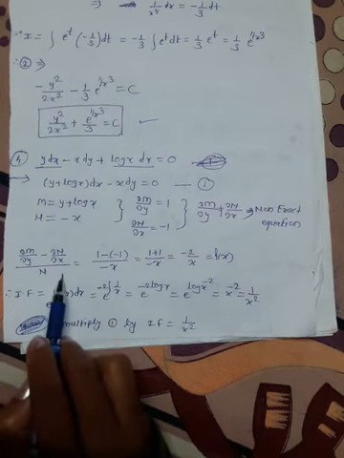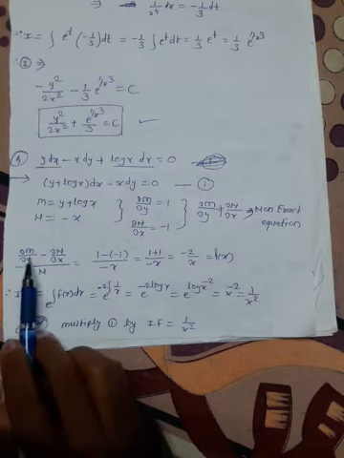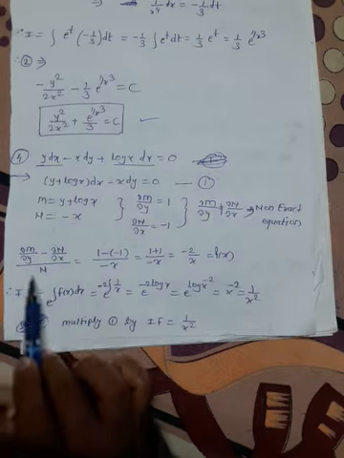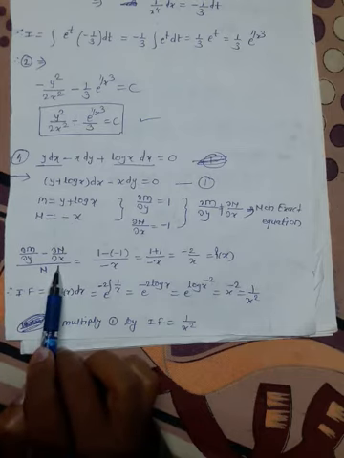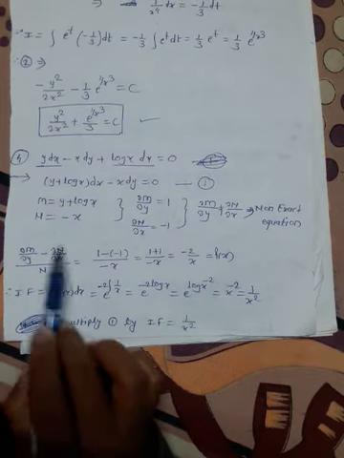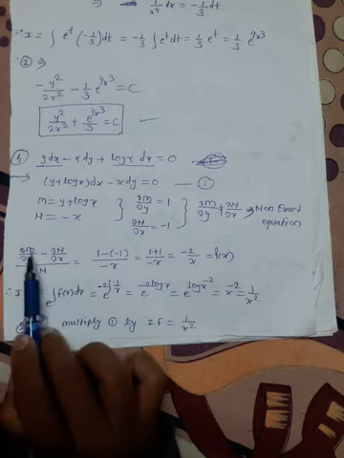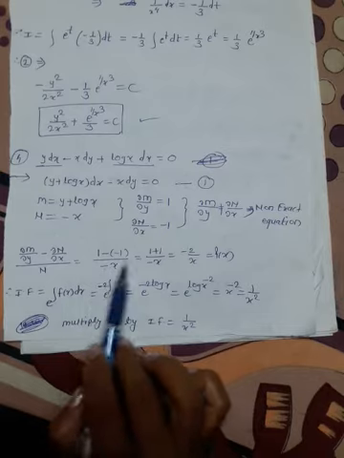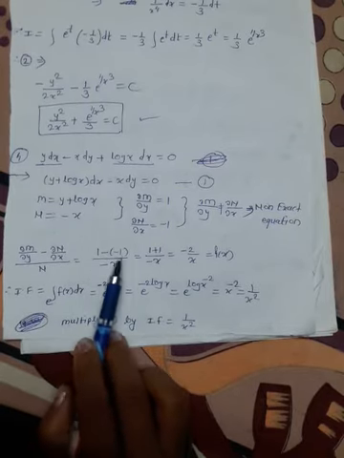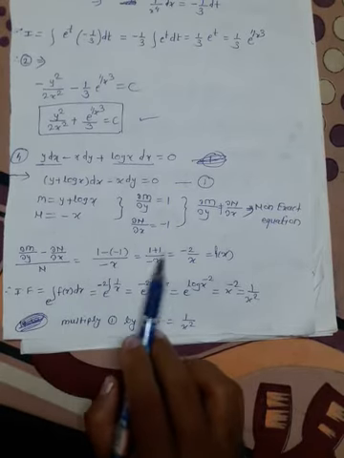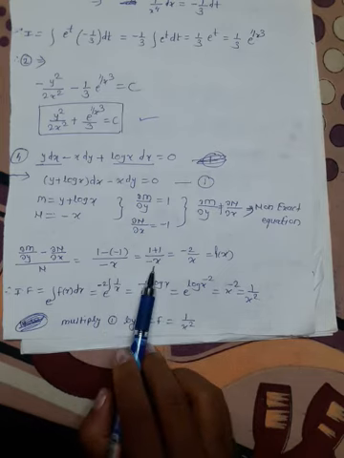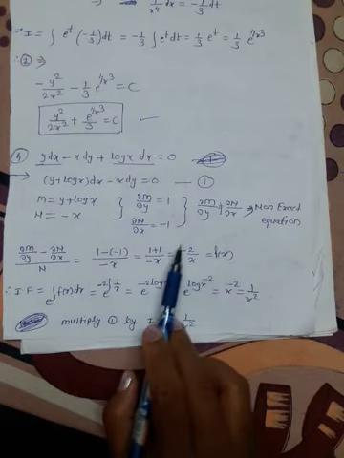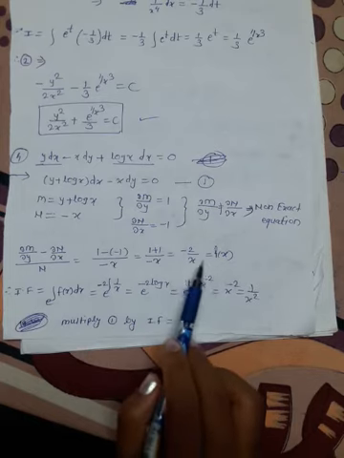Now first, (∂M/∂y minus ∂N/∂x) divided by N, and whatever the answer of this term should be in x only, it shouldn't contain y. Let us see, ∂M/∂y is 1 minus ∂N/∂x, which is minus 1, upon N, which is minus x. 1 minus minus 1 is 1 plus 1, that is 2, divided by minus x, it is minus 2 by x, which is wholly a function of x. We call it f of x.